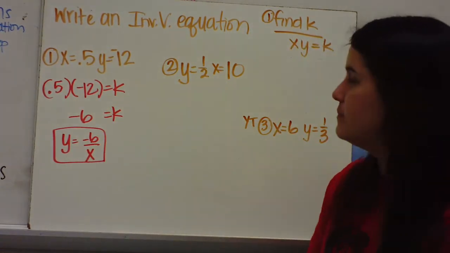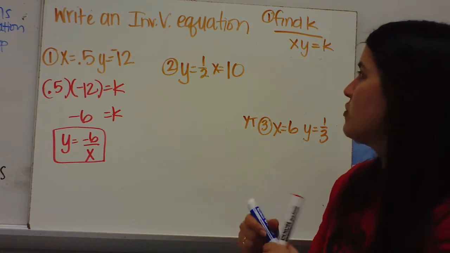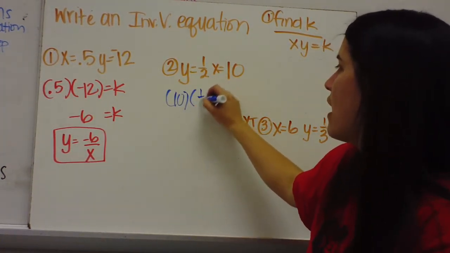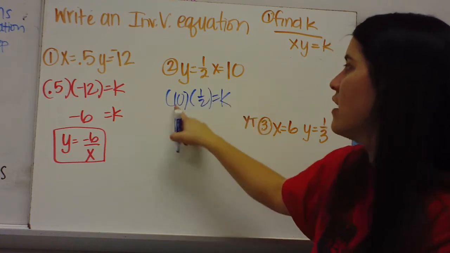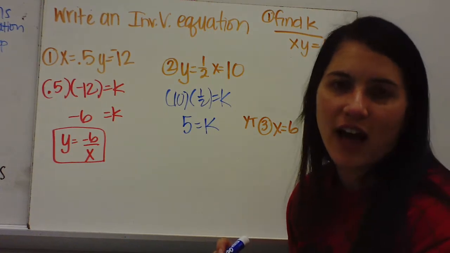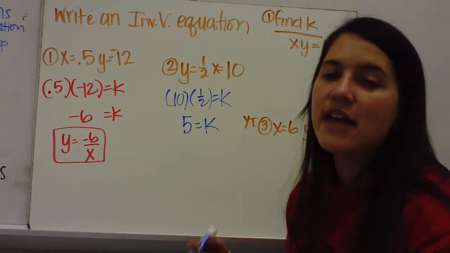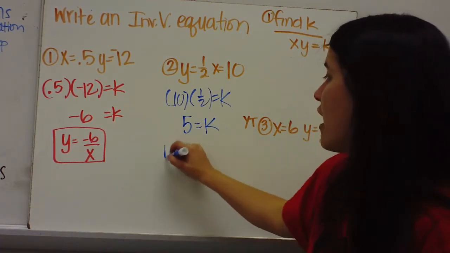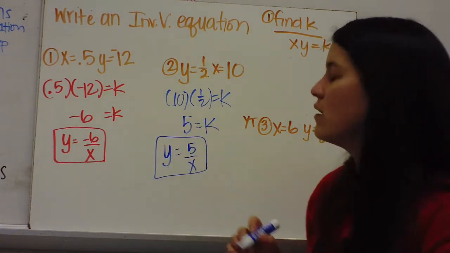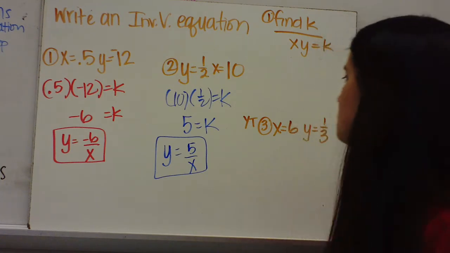Okay, so number 2, I'm going to multiply my x and my y to get k. 10 times 1/2 is 5, so k is equal to 5. Once you find k, now we can write an inverse variation equation using y equals k over x.